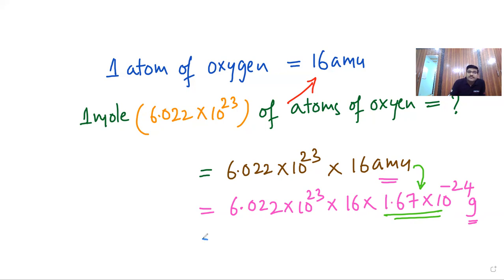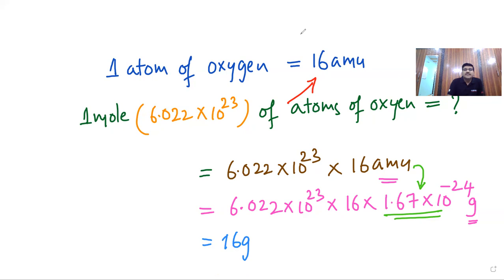this 6.022 into 10 to the power of 23, this one multiplied with this one, if you simplify that, it becomes 1 in number. So completely it is equal to 16 grams. Be careful.